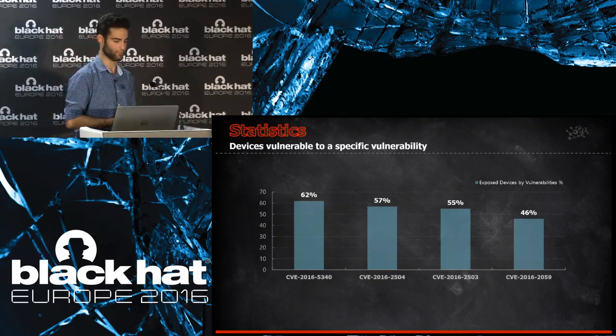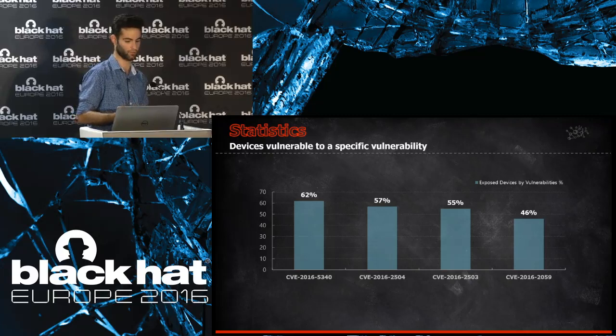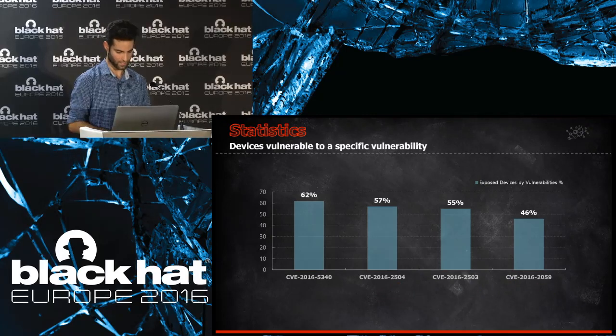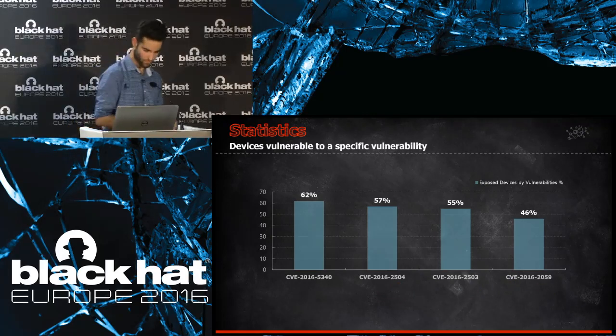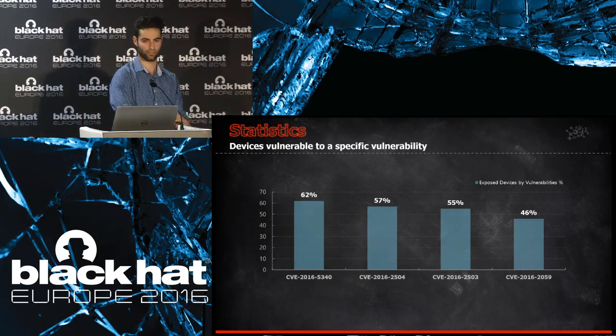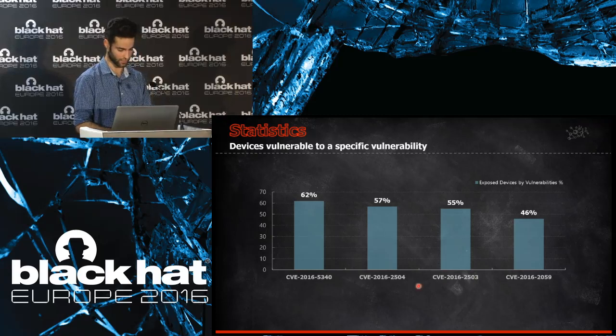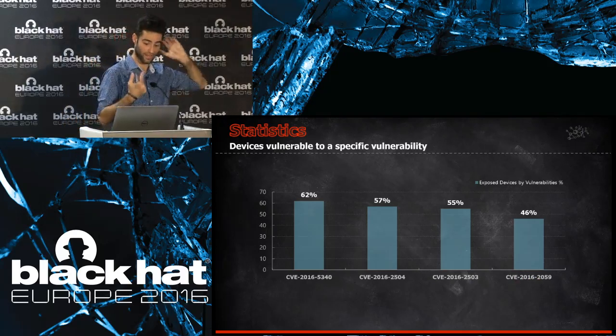Next interesting information, the number of vulnerable devices for each vulnerability. This is the first one we saw with the Ashmem. These are the two KGSL vulnerabilities, and this is the one with the IPC. As we can see, even though we reported the vulnerabilities back in April for these three, the Qualcomm one, the IPC router, was reported in February.